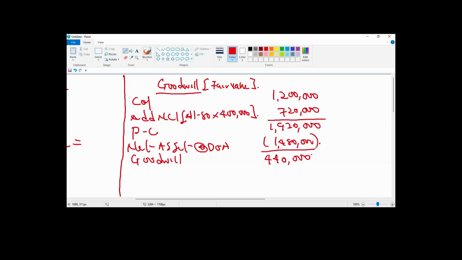So that is that. Don't forget, this goodwill of 440,000 belongs to both the parent and NCI.